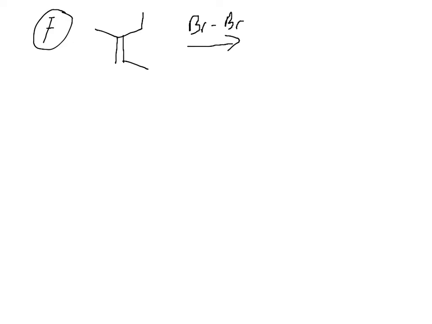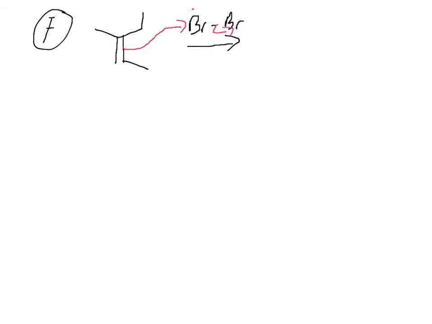Now for F, we have a similar type of problem as before. But now instead, we have Br2 with no solvent. So our electrophile and nucleophile. Nucleophile is the pi bond. It attacks the bromine.